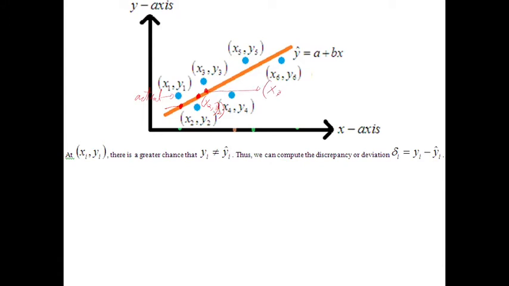So this is x sub 3, y sub 3 hat. Now, at x sub I, y sub I, let's say x sub 1, y sub 1, y sub 1 is not equal to y sub 1 hat. There is a greater chance na hindi sila equal. So thus we can compute the discrepancy or deviation: delta sub I equals y sub I minus y sub I hat.